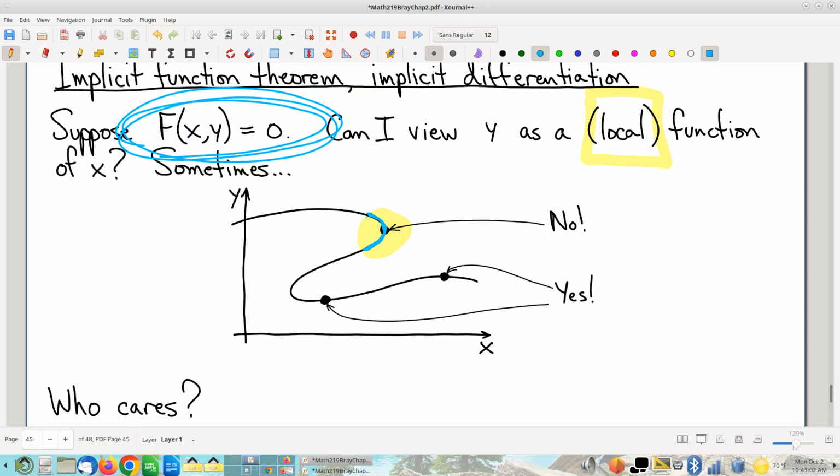Can I view that as being y a function of x? No. Crash and burn, right? It does not pass the vertical line test. And so no, here I cannot, not even locally. The issue isn't stuff happening down here and intersecting 3 times. No, the issue here, how this fails.